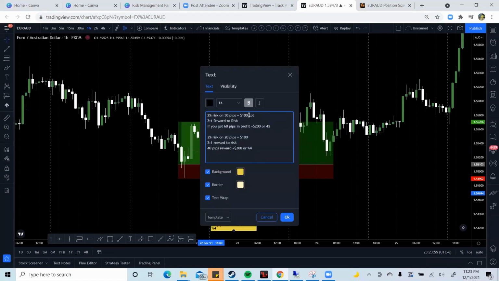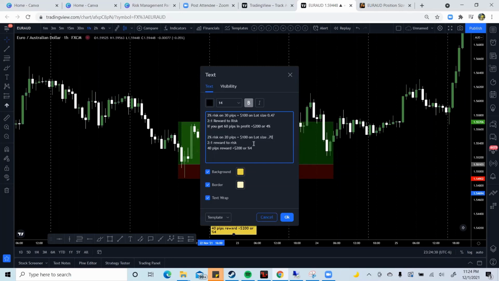But on this trade, you're risking the same amount, but your lot size is able to be larger, 0.7. So not percent, 0.7 lot size.